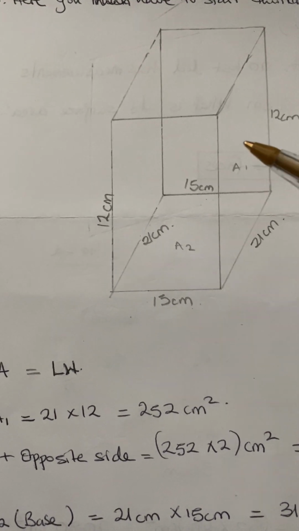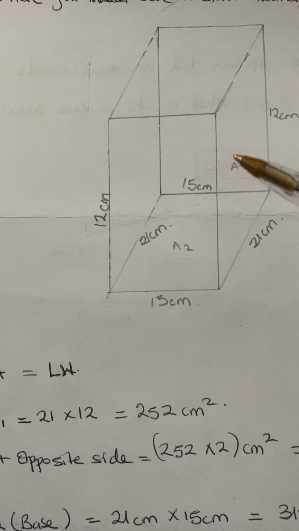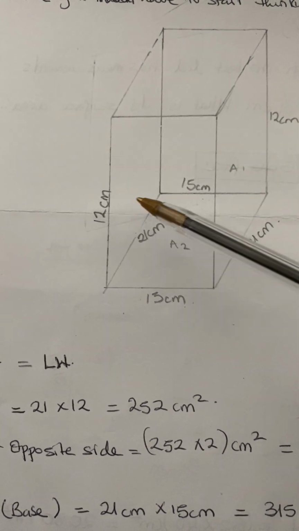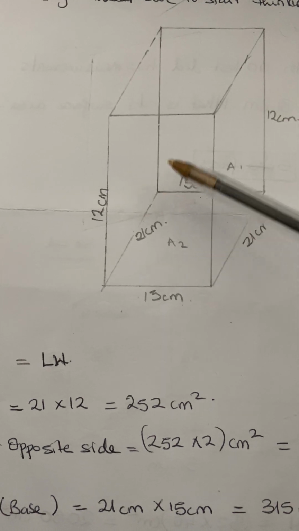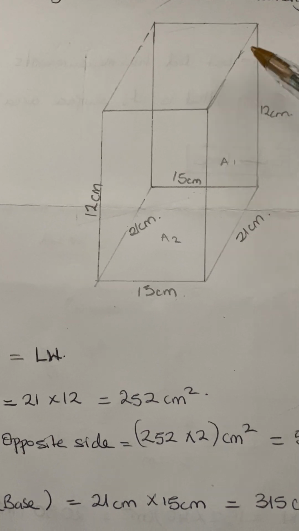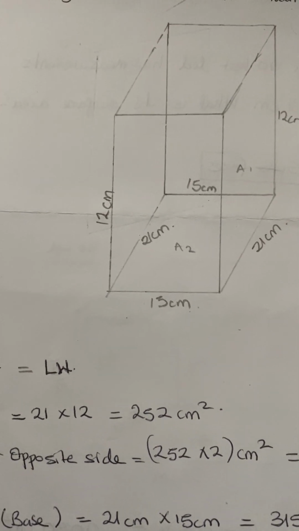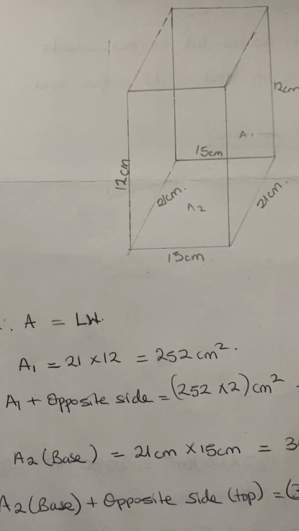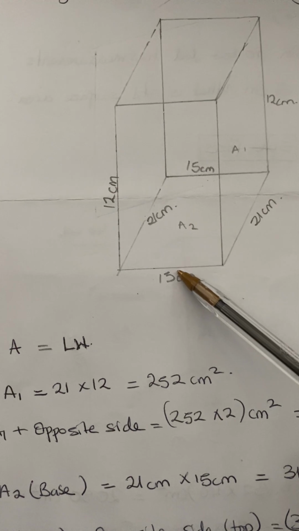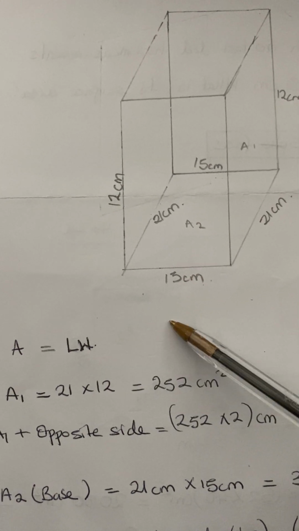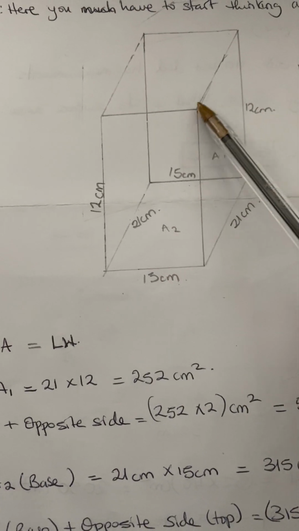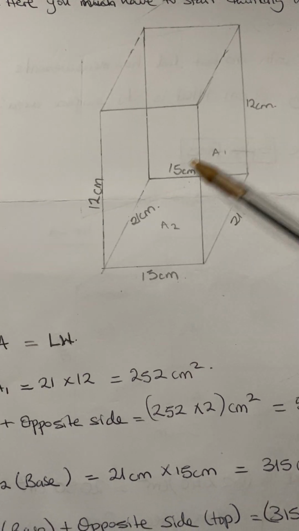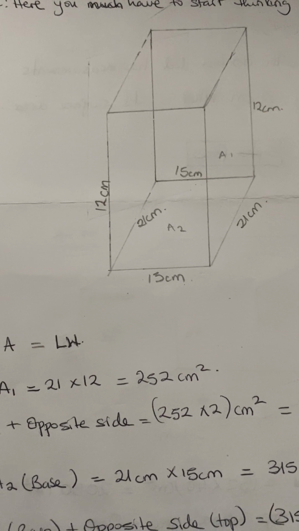Because it has 1, 2, 3, 4, 5, and 6 areas, and they are wrapping this item for you. Now you know the area is length times width. If you look at the diagram carefully, none of them is a square. All of them are rectangles.